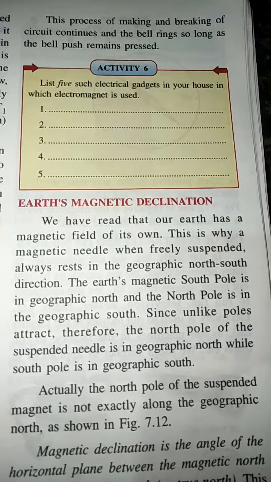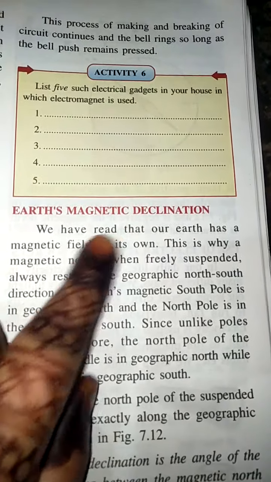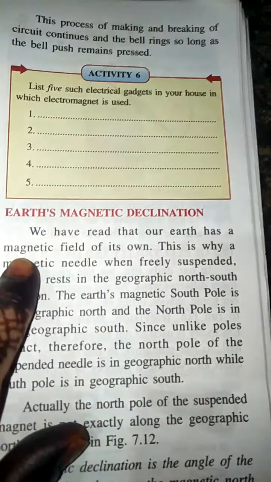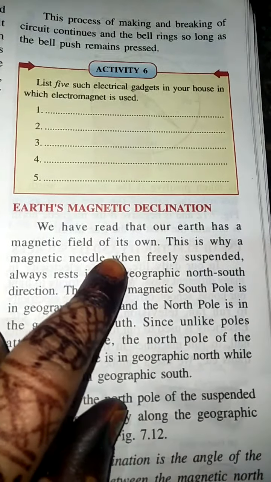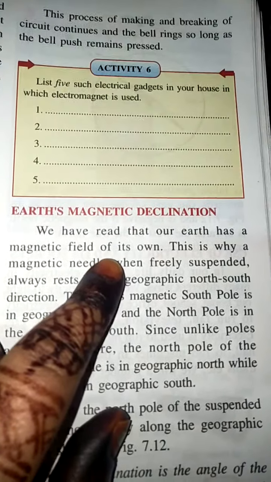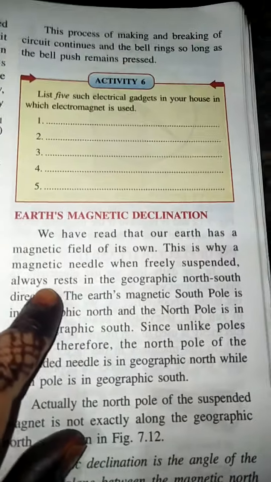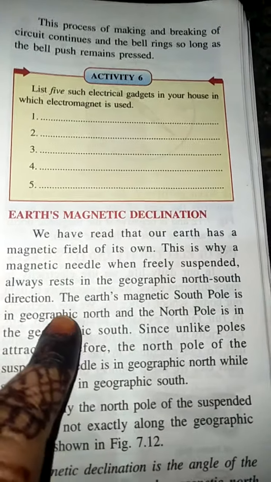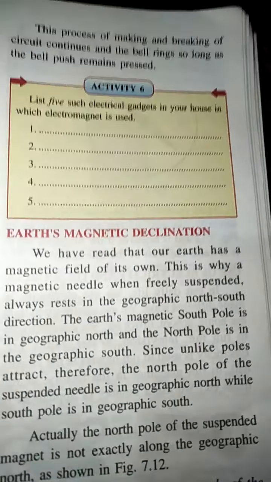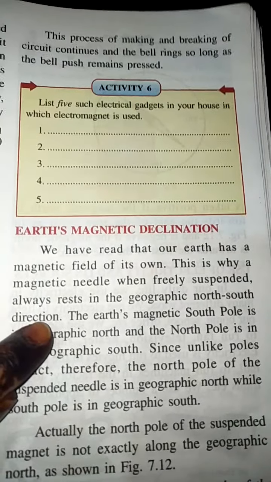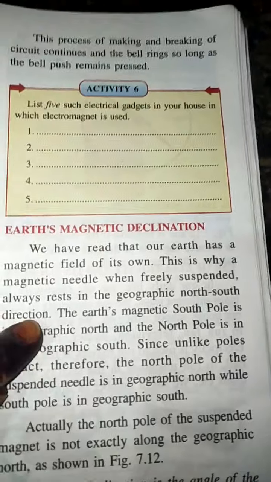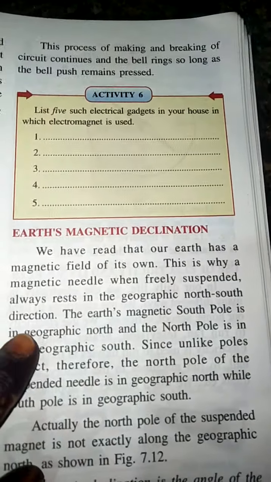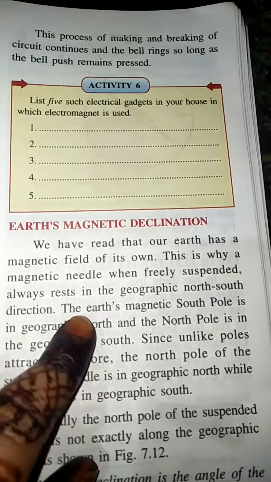Now we come to the topic Earth's magnetic declination. We have read that our Earth has a magnetic field of its own. We all know that Earth has a magnetic field. This you must have studied in geography also. This is why a magnetic needle, when freely suspended, always rests in the north direction, and this is the reason the magnet has that directive property, that a magnet always rests in the north-south direction, which we have read in our first video.